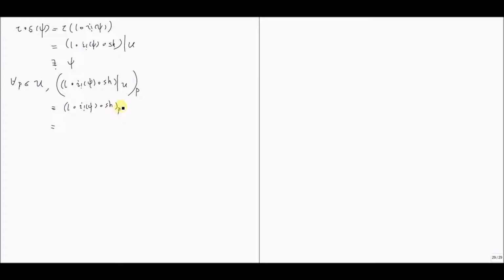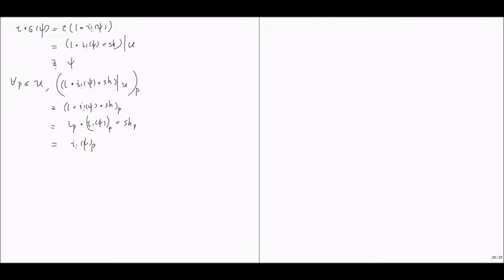If you look at this guy, it has three parts: iota sub P composed with a shriek of psi sub P composed with the sheafification sub P. But the first and the third terms are both identities, since P is in U. So we get the middle term only.